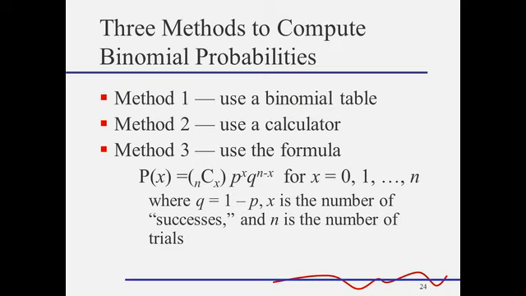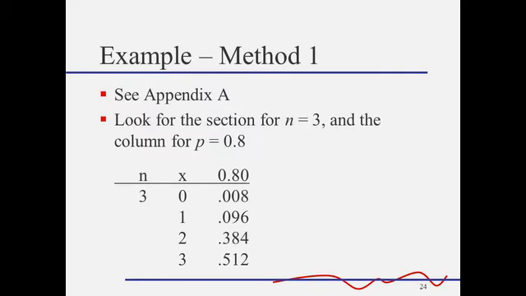And as I alluded to slightly, we also have a calculator function that a lot of my students like. So if you really want to use the formula, it will work. And in fact, the formula is how they got the numbers for the binomial tables and how the calculator computes the probabilities. So how do we use the table?